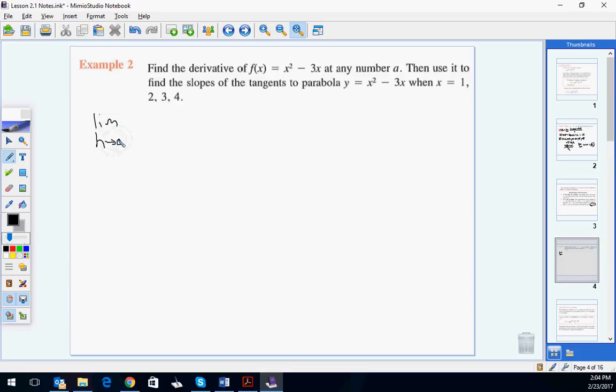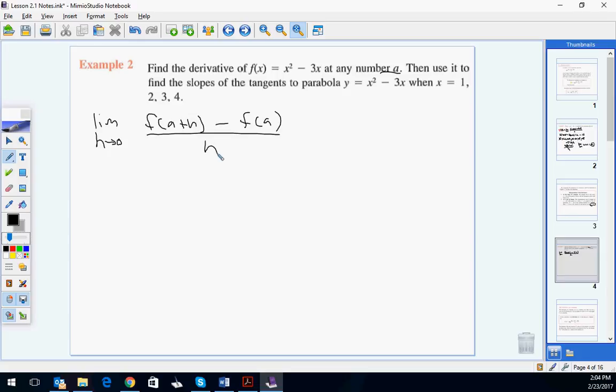I'm going to stay with the h one. Remember they say in terms of a, so we're doing a general term. So you're going to get an equation here, not an answer. So we're going to go f of a plus h minus f of a. This is going to be quite messy. All over h still.